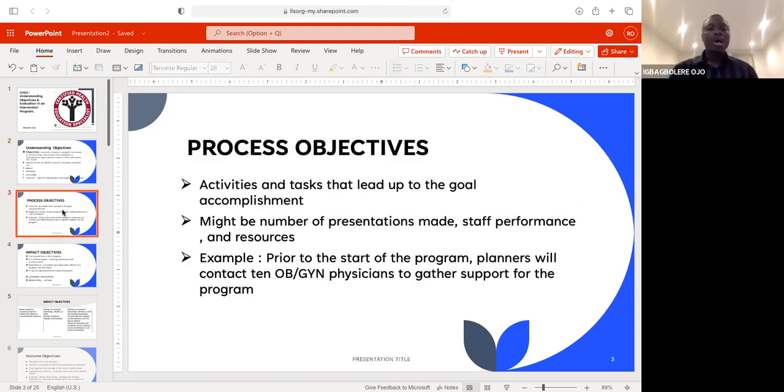All right? So let's jump into the main types of objectives. A process objective is the activities and tasks that lead up to the goal accomplishment.